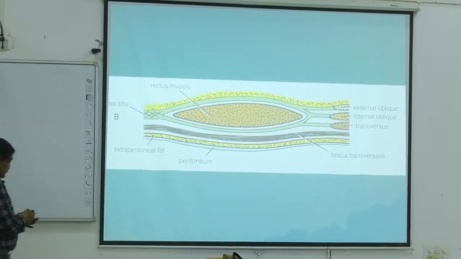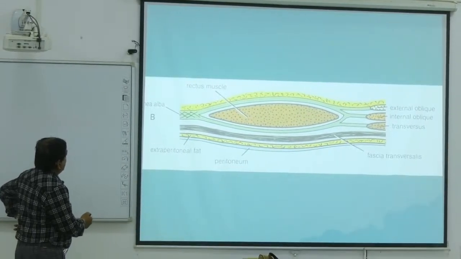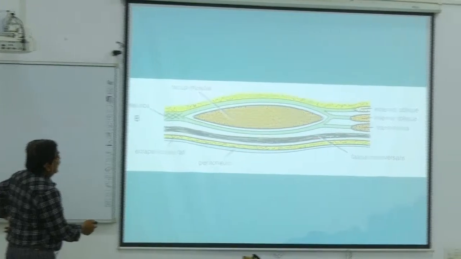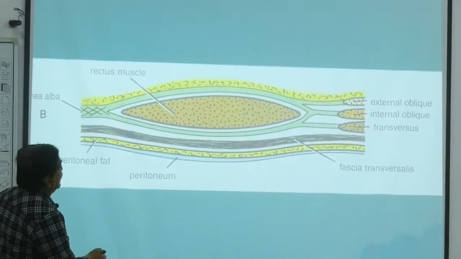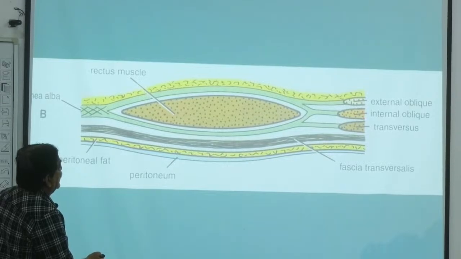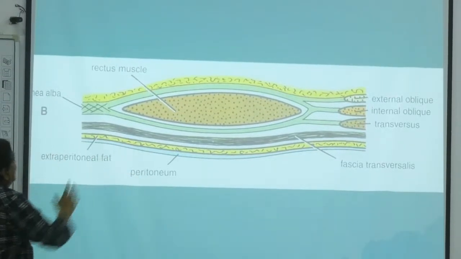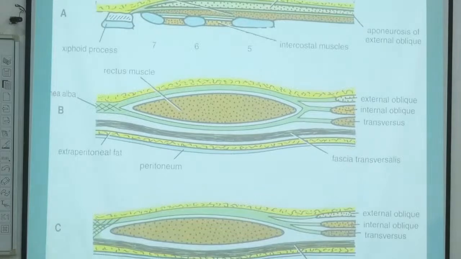And now you see the rectus muscle here, linea alba, extraperitoneal fat, this is the peritoneum, and this is the fascia transversalis. And see external oblique, internal oblique, and transversus. These muscles come and they are covered by the tendinous sheath.